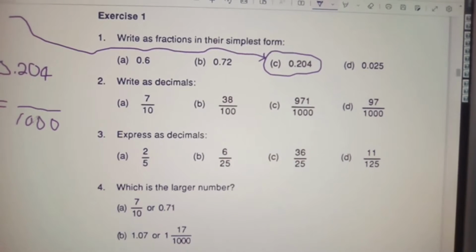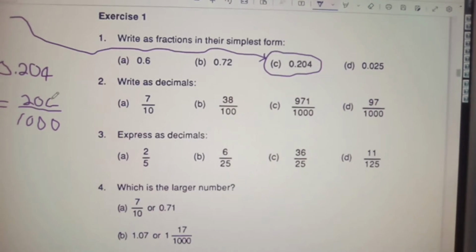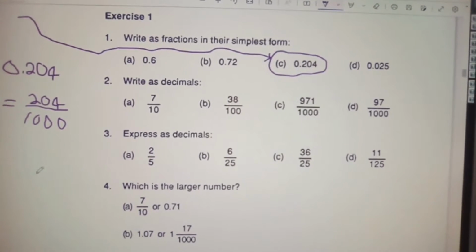Excuse my funny looking nought, but it is a nought. Therefore it comes as 204 over 1,000, and that's what we're looking at now.